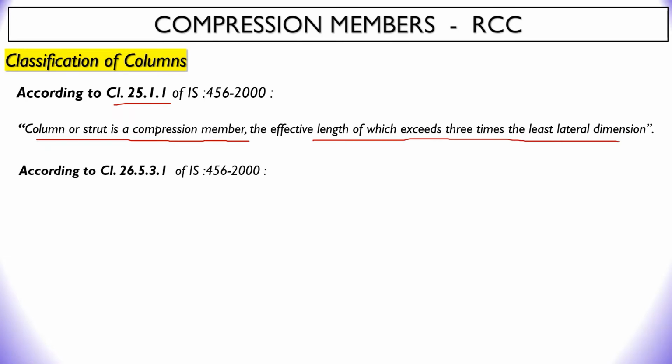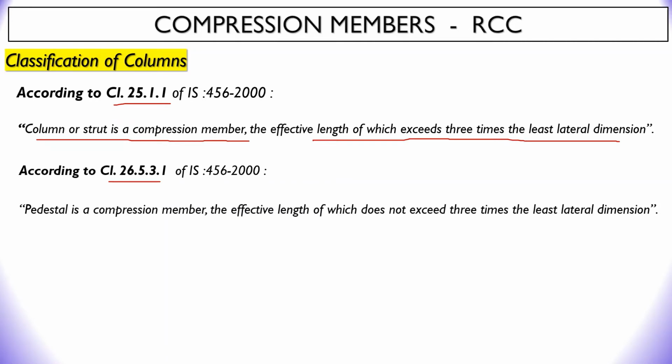In continuation to this, if we refer to clause number 26.5.3.1, it indicates that a pedestal is also a compression member, the effective length of which does not exceed 3 times the least lateral dimension.